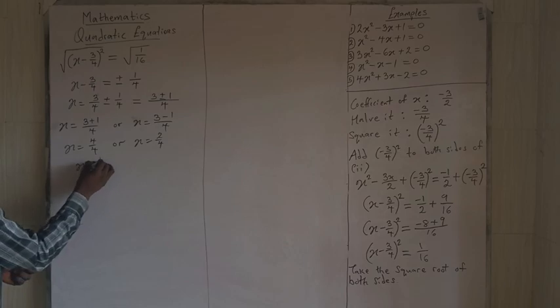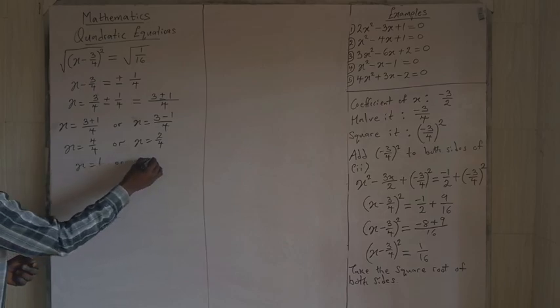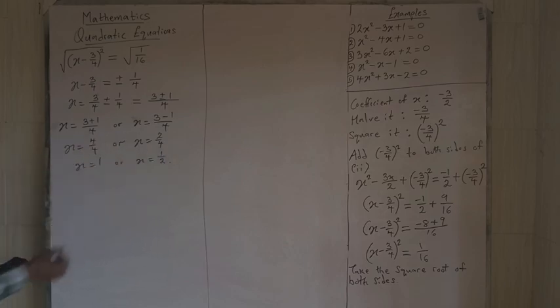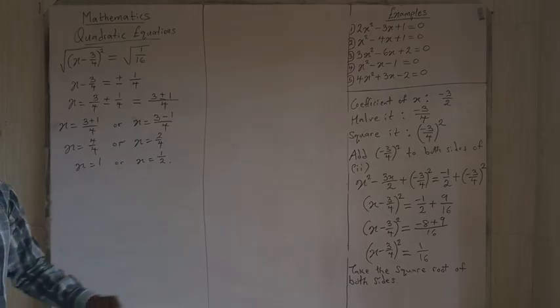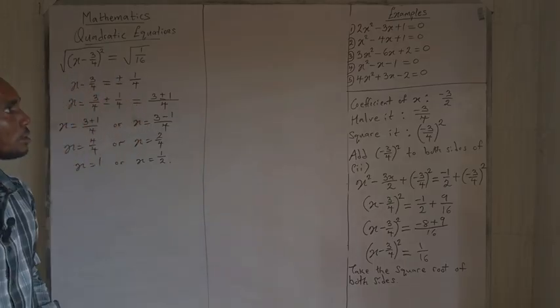We have x is equal to 1, or x is equal to 1 over 2. These are the roots of the given quadratic equation.